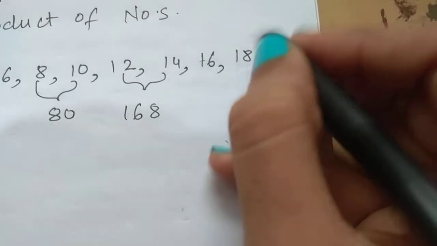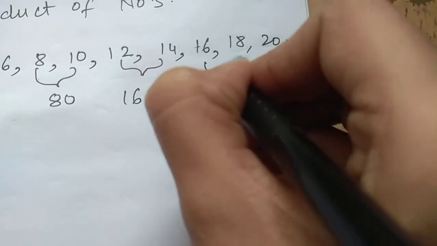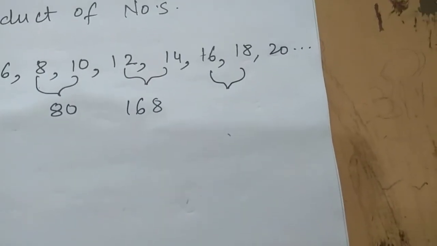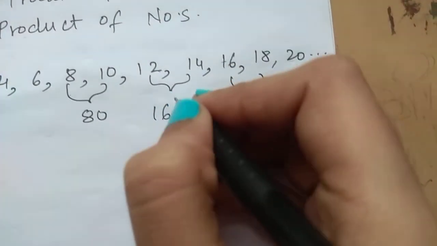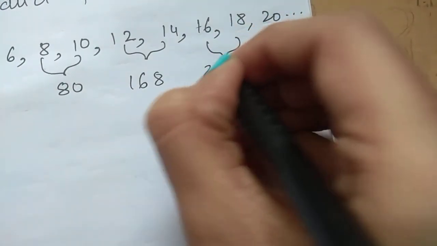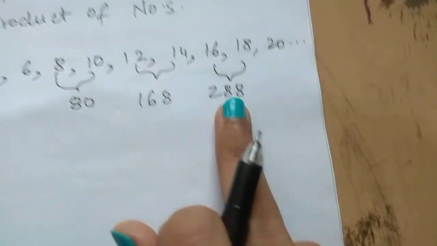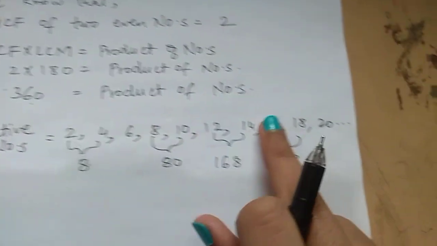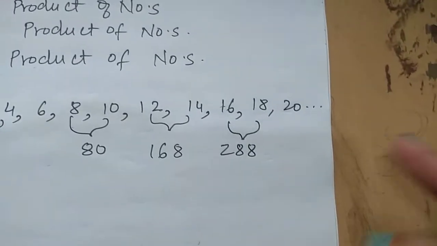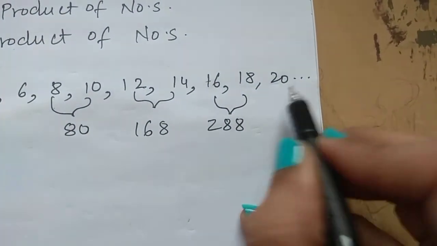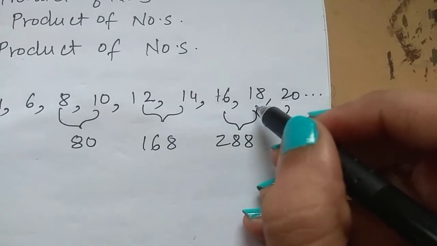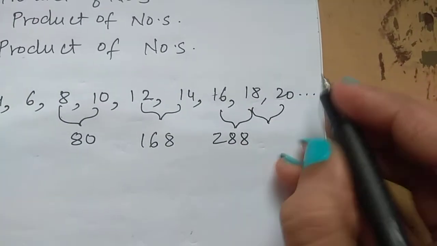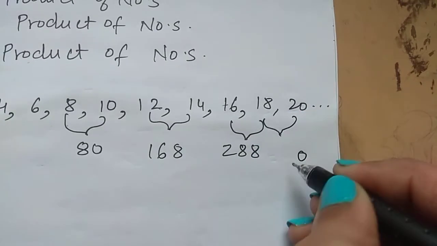Let's check with 16 and 18. So when we multiply 16 and 18, our answer is 288. Again, this is not 360, means 16 and 18 is also not our number. Next, 18 and 20. When we multiply 18 and 20, 18 2s are 36.